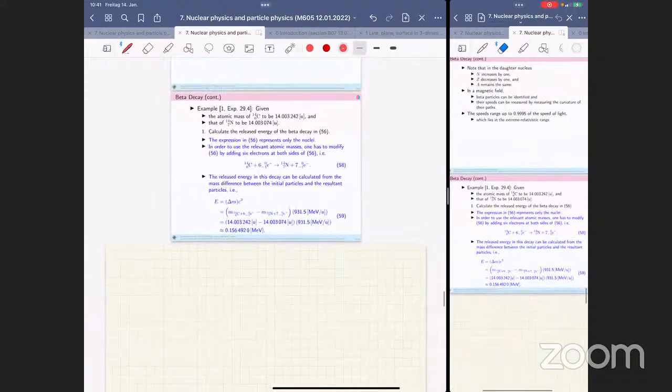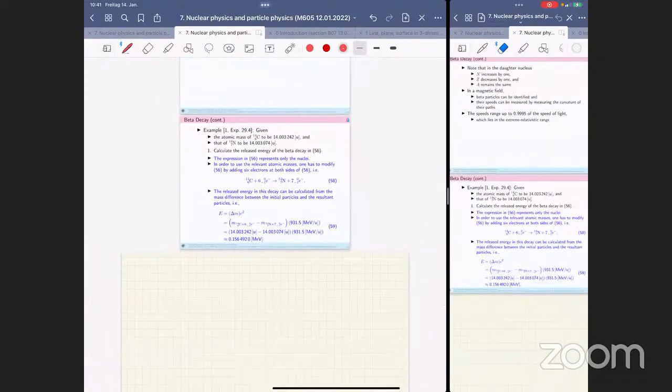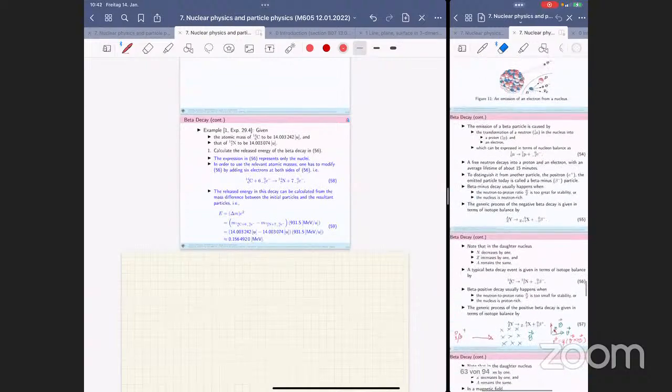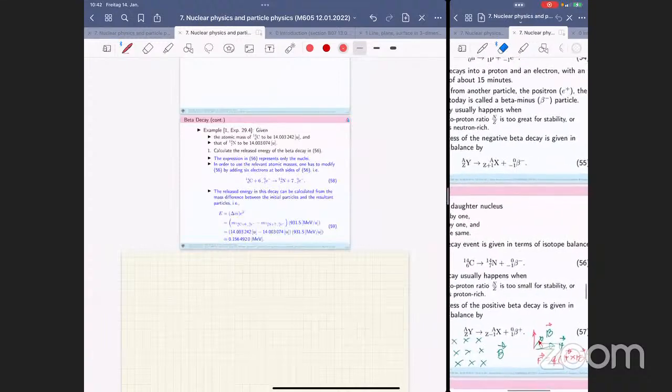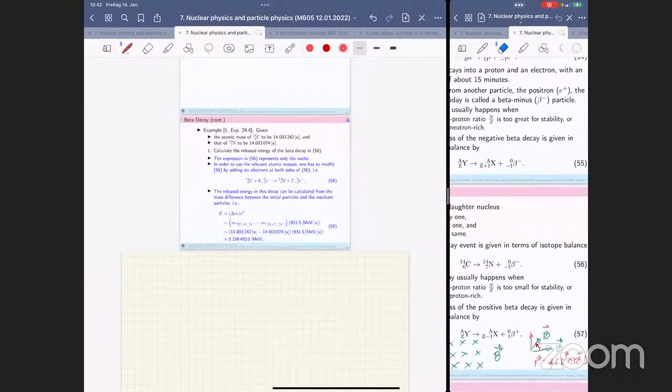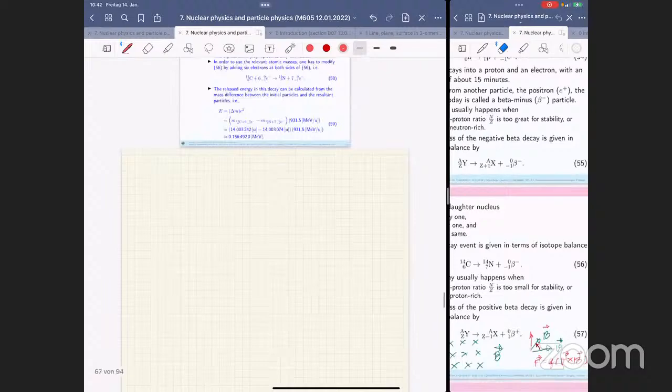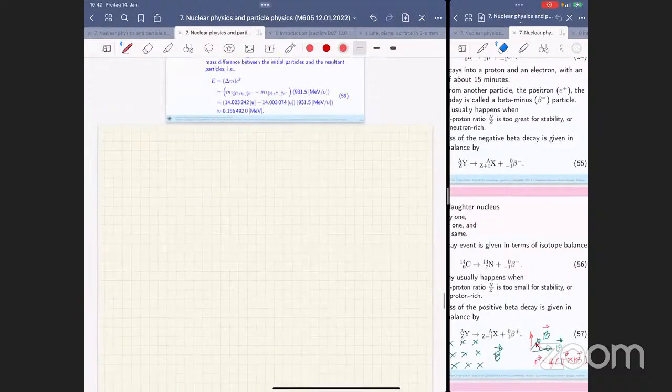We consider the case of carbon, which is equation 56. Carbon-14 with atomic number 6 decomposes into nitrogen.